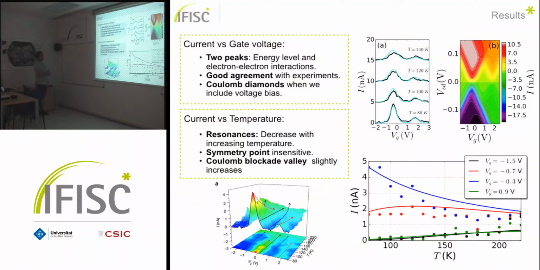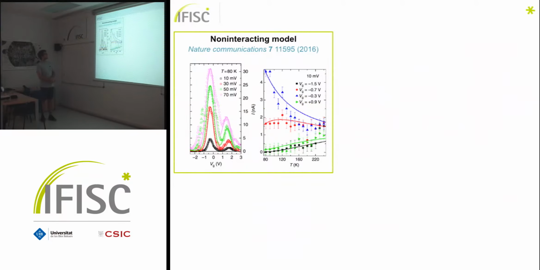And what we find is, in the current versus voltage, we can fit both peaks. And we have a good agreement with experiments, even at large temperatures, and we have the Coulomb diamonds. If we plot the gate voltage versus bias voltage, and if we compute the current versus temperature as a comparison, this is the non-interacting model.